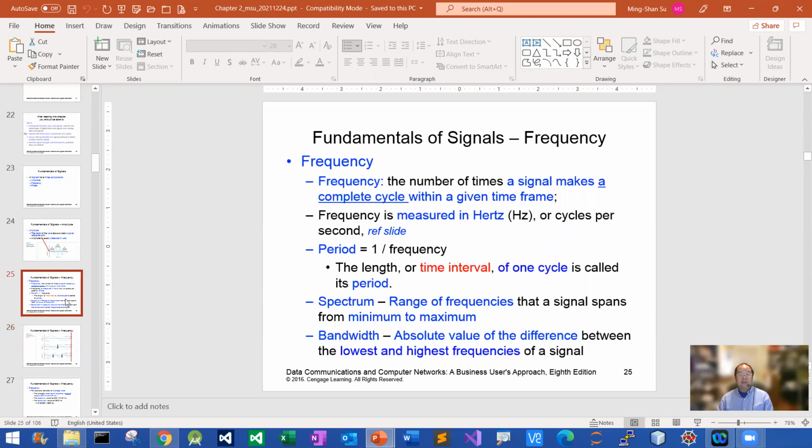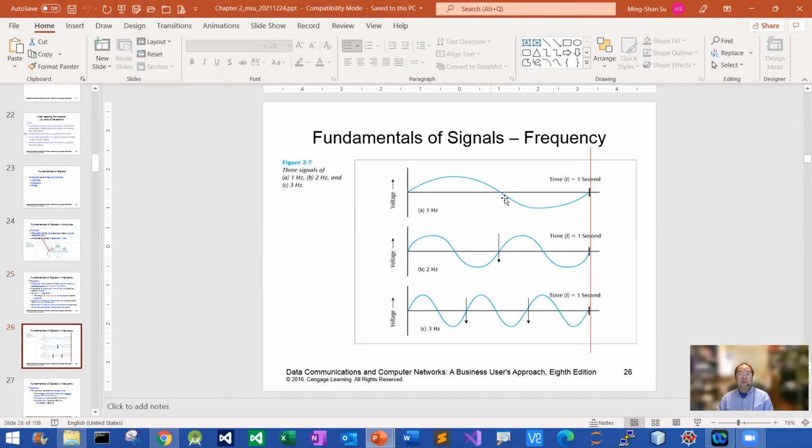At the same time, you might also have heard about the term period. Period is the length or time interval of 1 cycle. To find its value, you just take 1 divided by the frequency. Using this example, the period of figure A will be 1 divided by 1, which is 1 second.